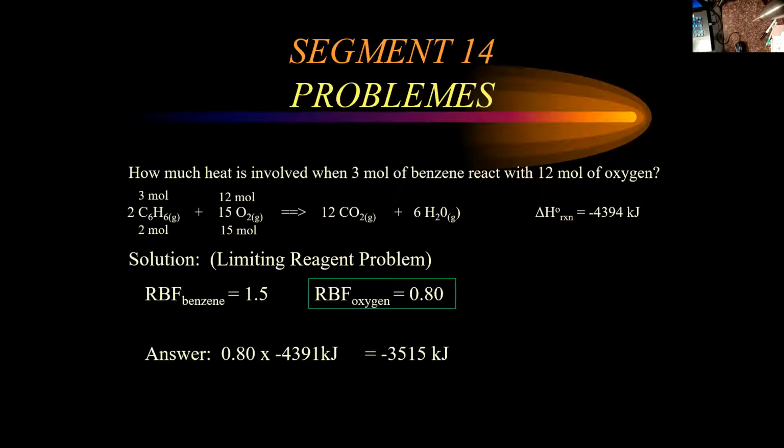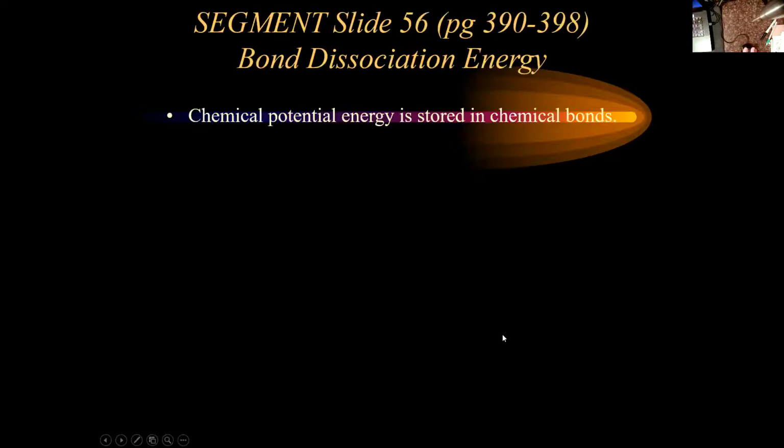It's the language, so I try to be very, very careful. If I tell you the heat is released, I'm already telling you the sign's negative. And if I tell you it's absorbed, then the sign is positive. If I tell you the 3515 kilojoules is involved in the reaction, then I didn't give you a sign. So what I should have said was minus 3515 kilojoules is involved in the reaction. Okay, enough English. That's for another teacher for another time.